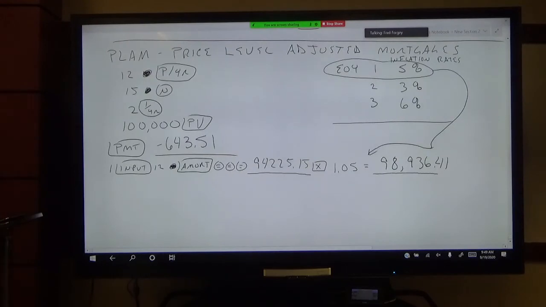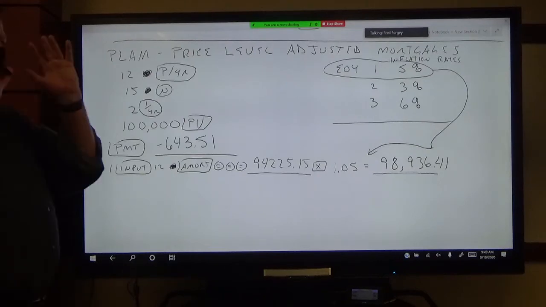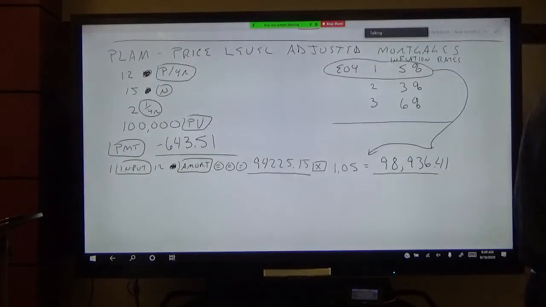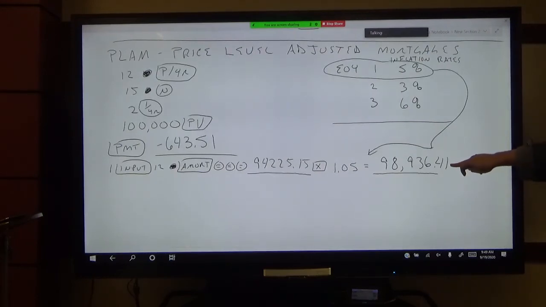Just to make sure that you're paying attention and thinking about what's actually happening: if you were to go to the lender right now and say, hey, I want to stop this madness, I want to get out of this loan, how much would you owe them? 98,000. And then hopefully some prepayment penalty.